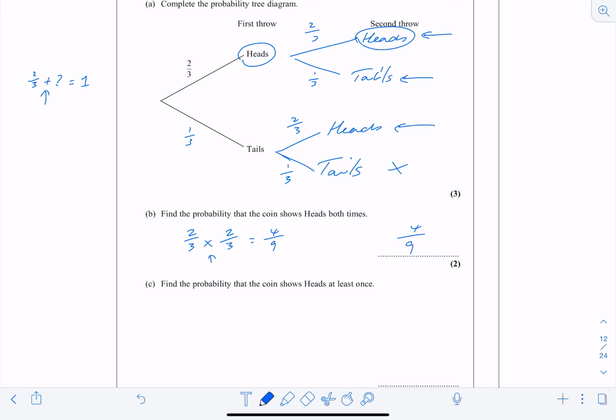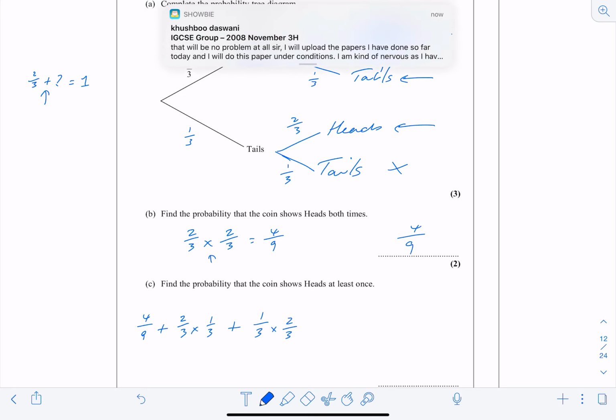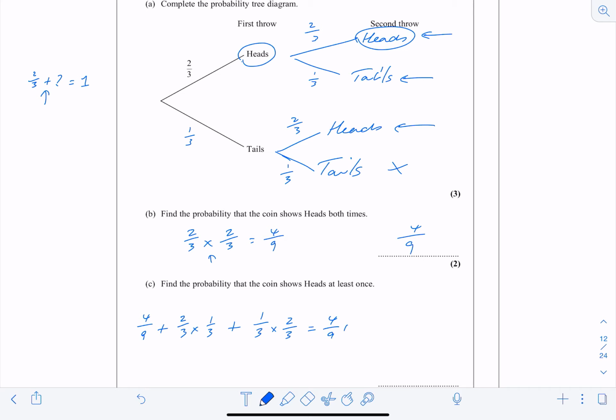So we've got 4 over 9, which is the first one, plus, because it can be or, 2 over 3 times 1 over 3, or 1 over 3 times 2 over 3. That's 4 over 9 plus 2 over 9 plus another 2 over 9. So that's 8 over 9.